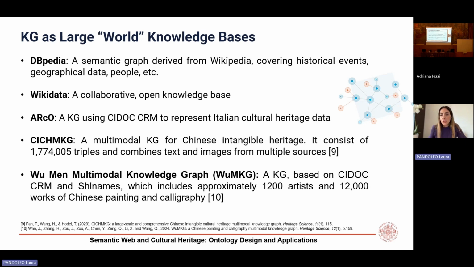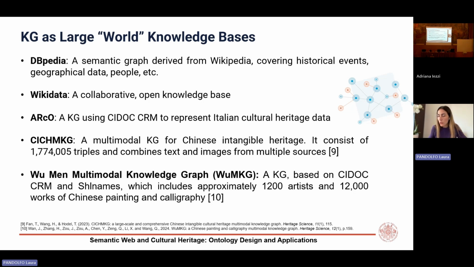In the last years, knowledge graphs are increasingly being used in different domains, cultural heritage, finance, technologies, and much more, and are used as large-scale knowledge bases. In these slides, I reported some knowledge graph examples.